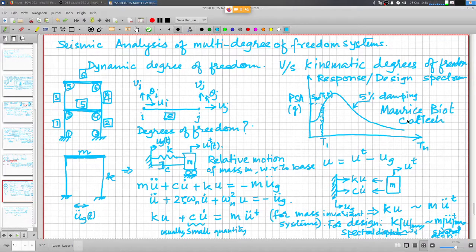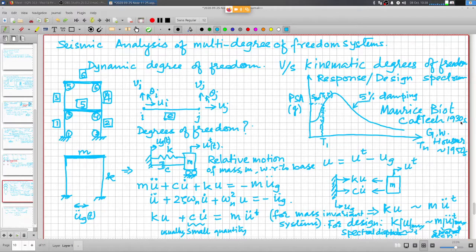And then it was popularized subsequently by Housner in the 1950s. This was in the 1930s, as you can see from the timeline.